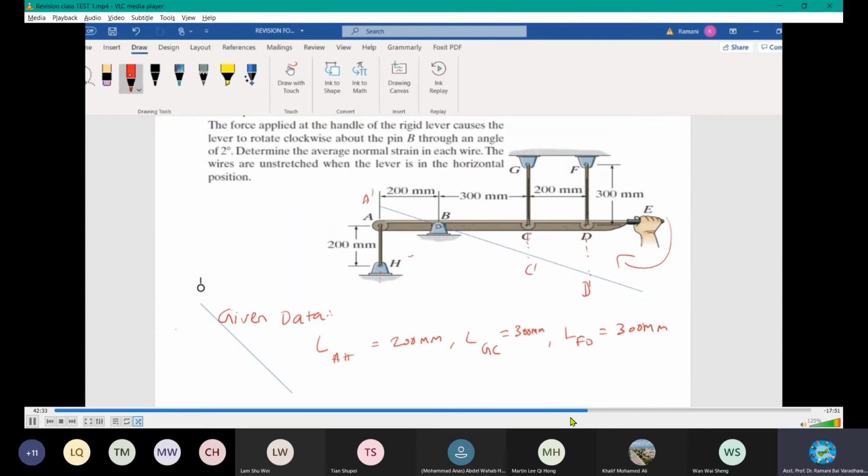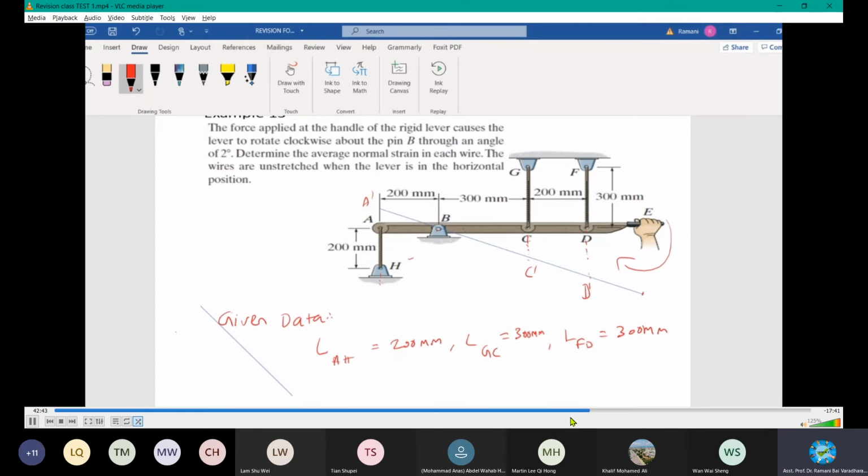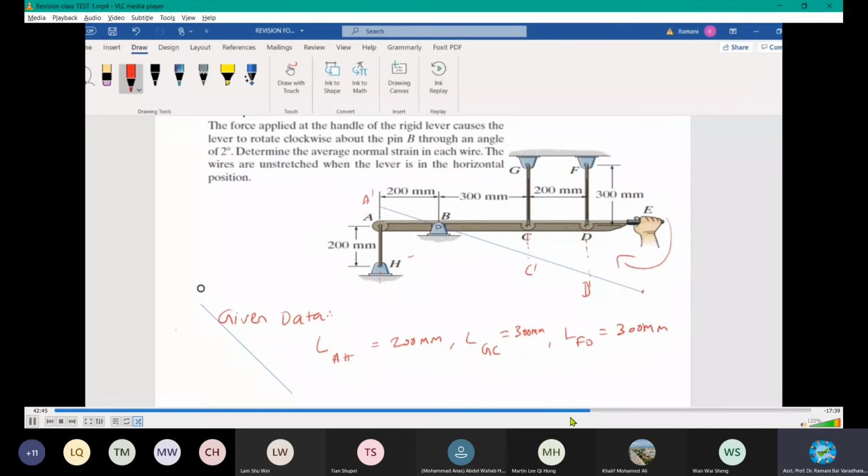Because of this rotation, the position of the member changes. If I take this as a force applied to the handle of a rigid lever, this is a lever, and this is the lever arm, where you tend to rotate.